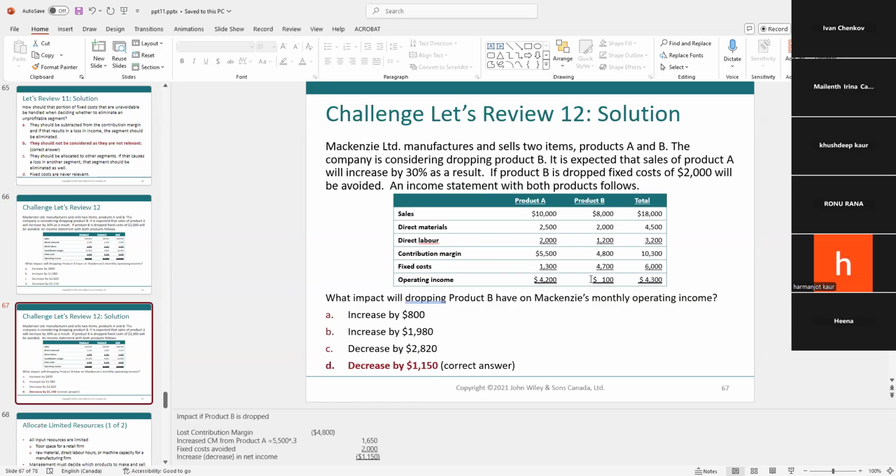Without product B, we can increase the contribution margin, means sales gonna increase with 30%, direct material is gonna increase with 30%, direct labor is gonna increase with 30%. So that's 5,500 is gonna increase with 30%, but we can save only $2,000 of those $6,000. And our income is gonna be lower with $1,150 as we said.